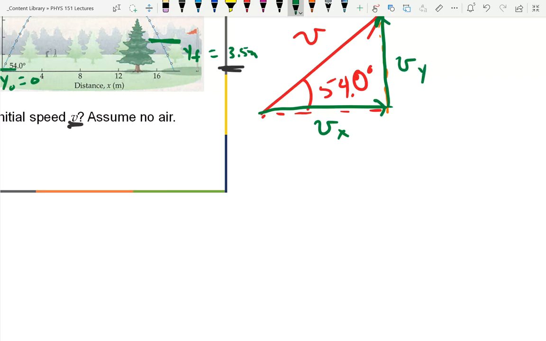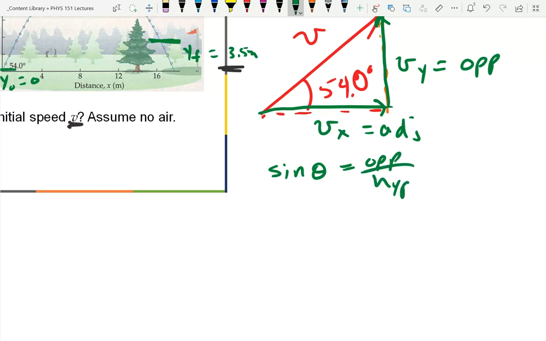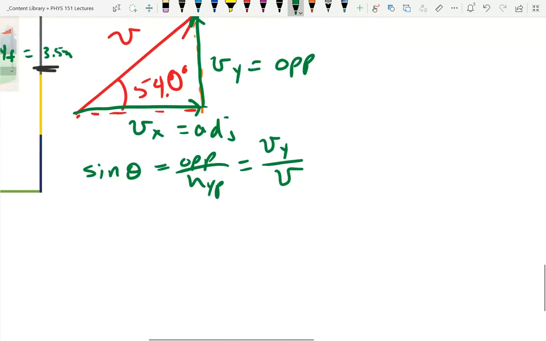Identifying opposite, adjacent, and hypotenuse. This is the opposite side because it's opposite to the 54 degrees. This is the adjacent side. Sine theta is opposite over hypotenuse, which is then Vy, the opposite side, over the hypotenuse of V. Therefore, Vy, and that should have been Vy initial and Vx initial.